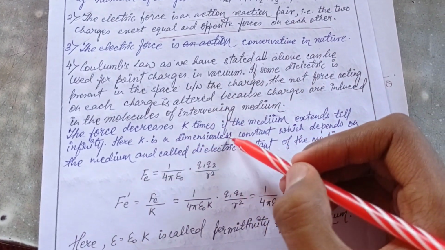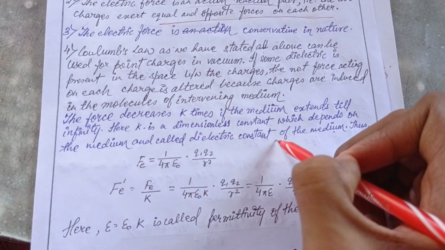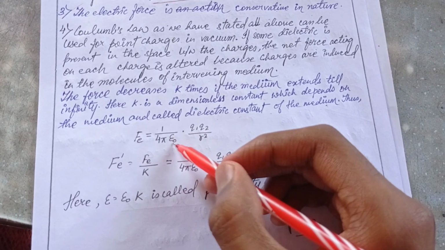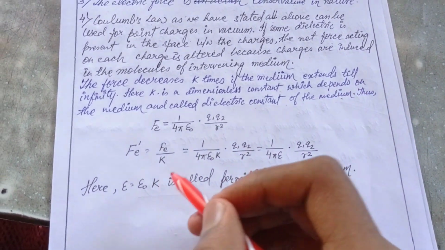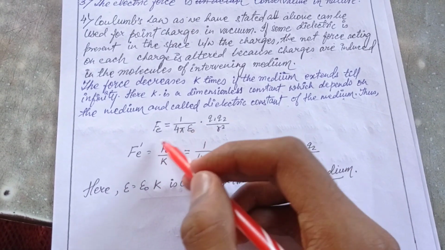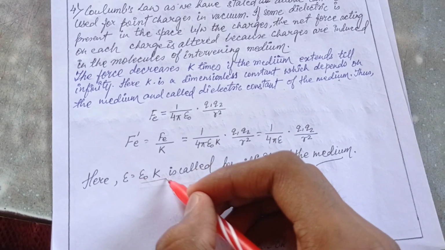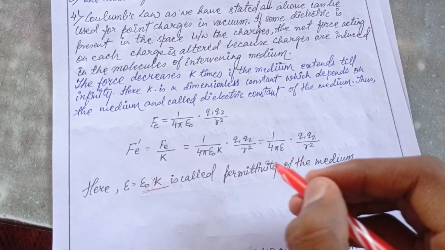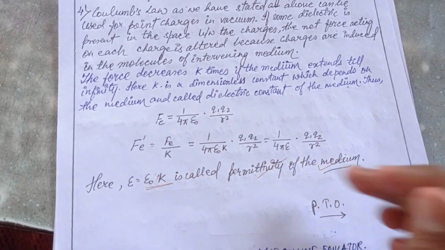Here k is a dimensionless constant which depends on the medium, called the dielectric constant of the medium. Thus F equals 1 by 4 pi epsilon naught times q1 q2 by r square, and here epsilon naught times k is the permittivity of the medium.